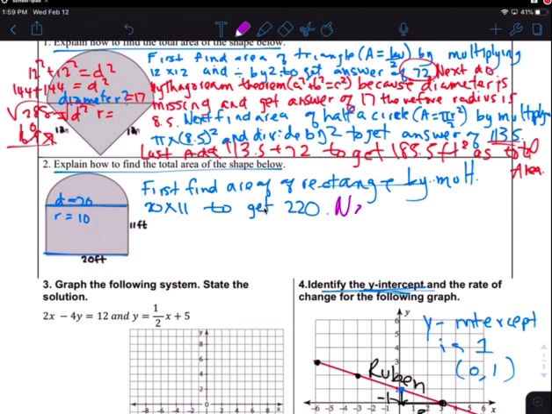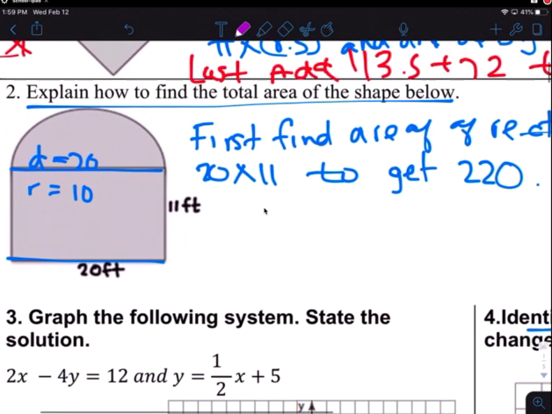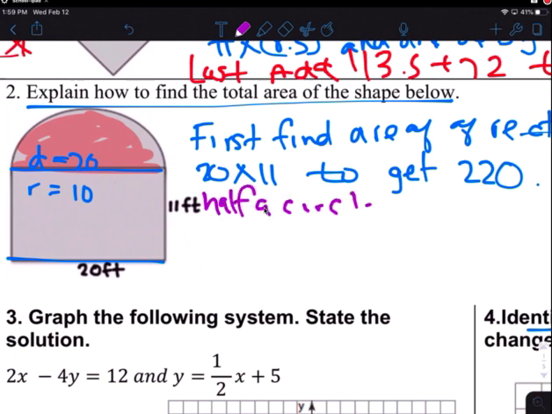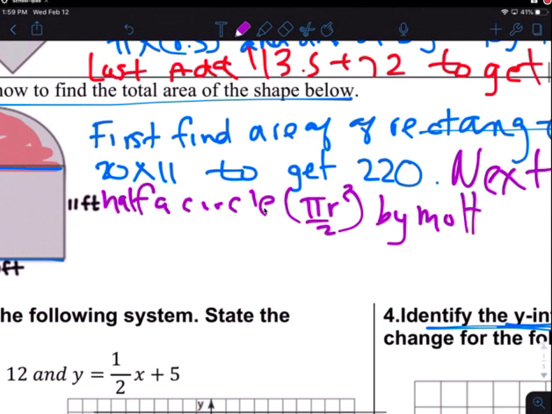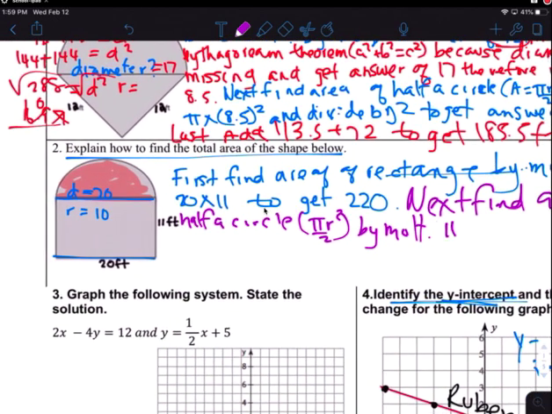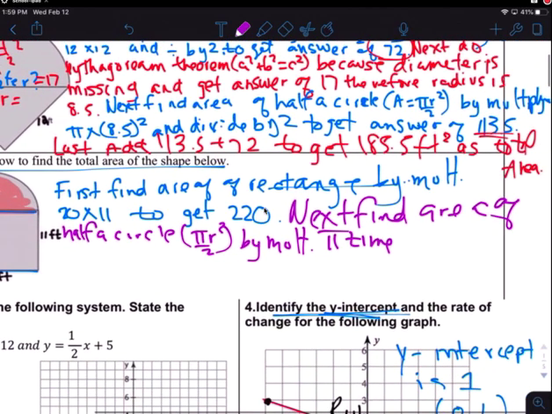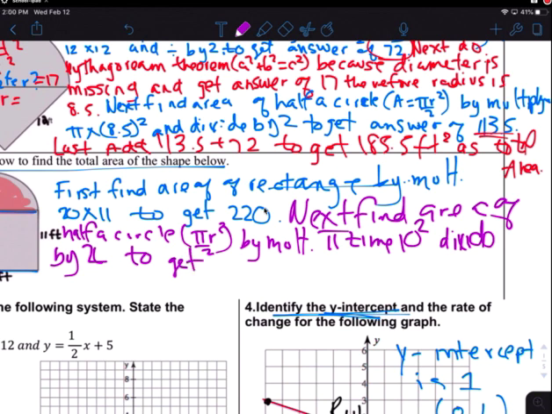Next, find the area of half a circle, this one here, pi radius squared divided by 2, by multiplying pi times 10 squared divided by 2 to get 157.01.